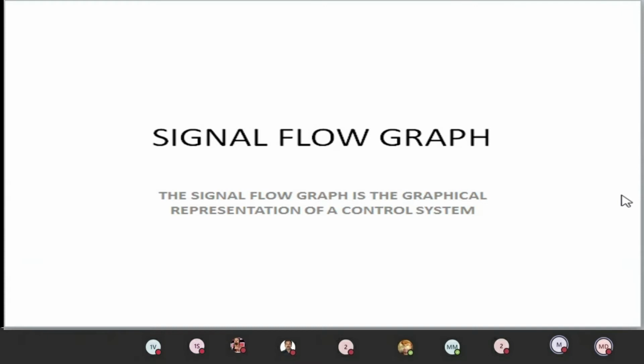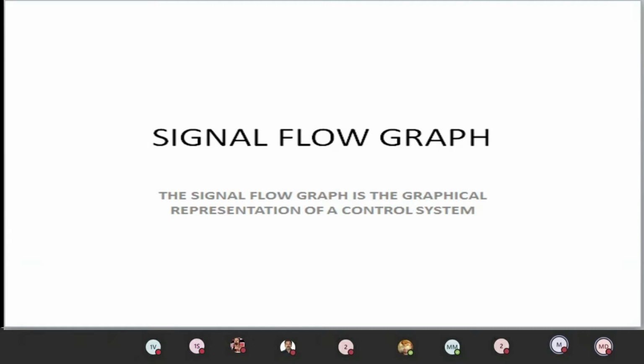Kindly understand that in control systems, representation of a certain component is very essential. How do we represent? To determine stability as well as the transfer function. The two ways of representing the different components of a control system are block diagram reduction and signal flow graph.